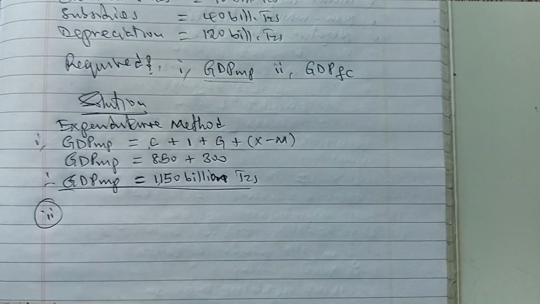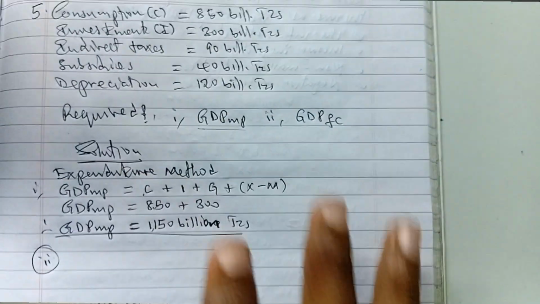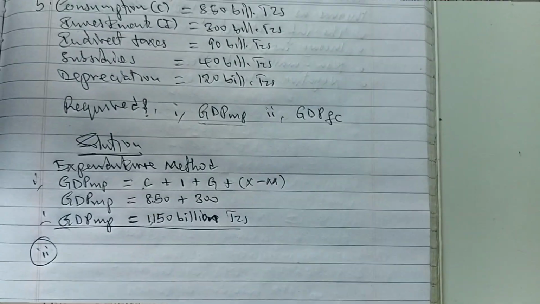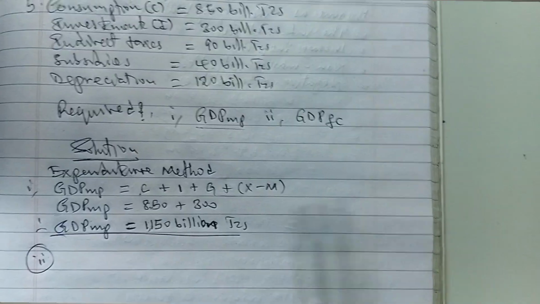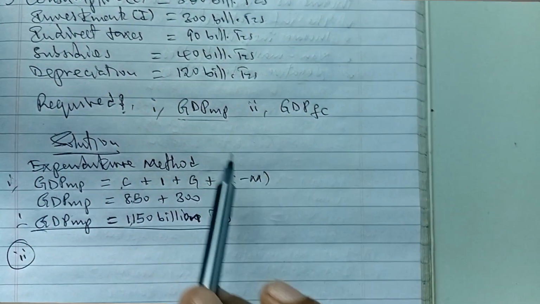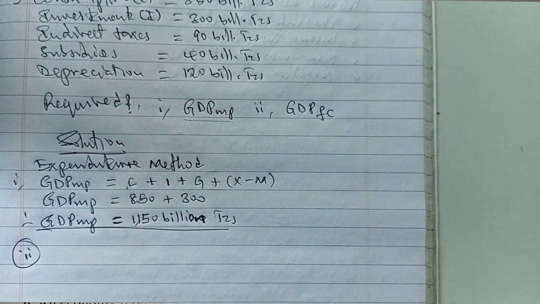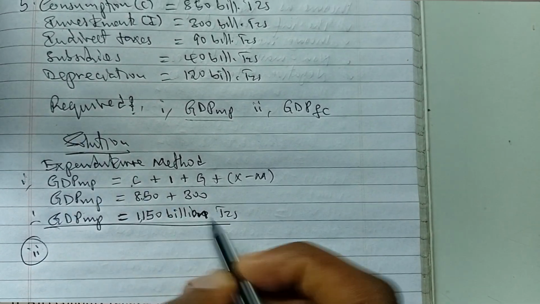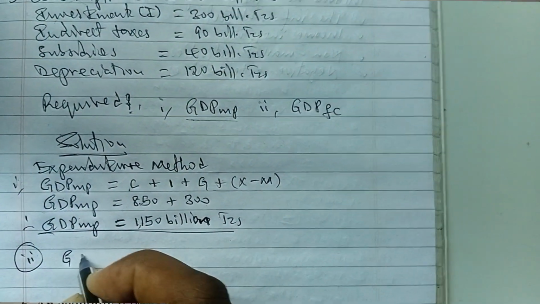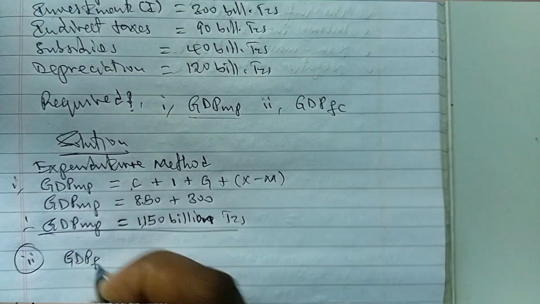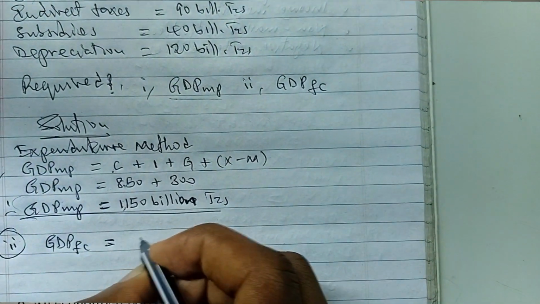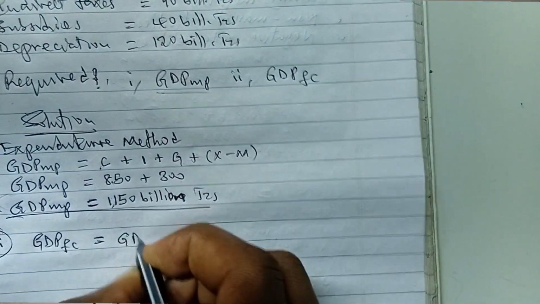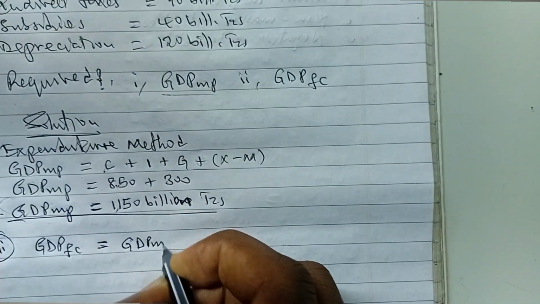Okay, let's continue with Roman 2. We will just use converters to convert our answer from Roman 1 to gross domestic product at factor cost. So we write what we are going to find: gross domestic product at factor cost equals what we take from Roman 1, gross domestic product at market price.